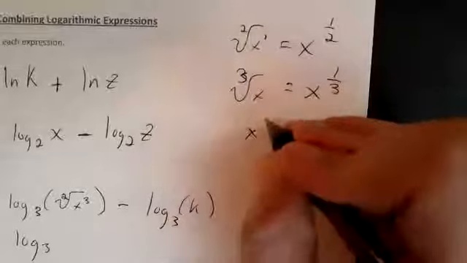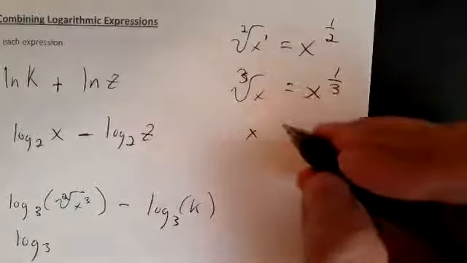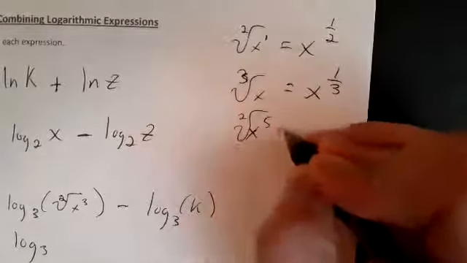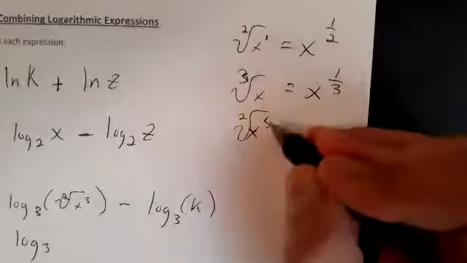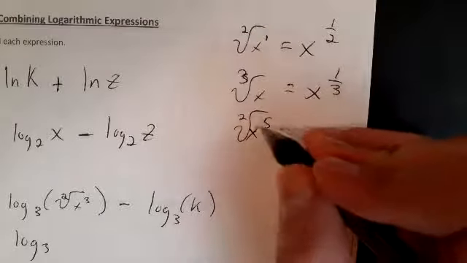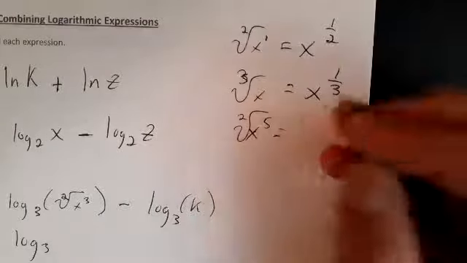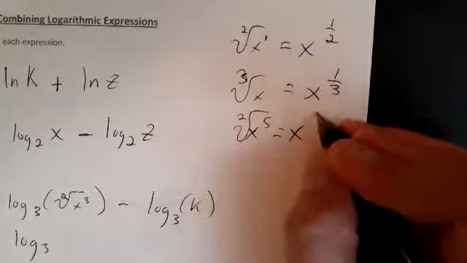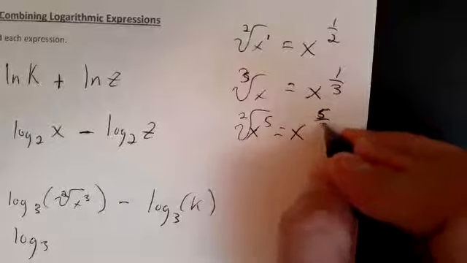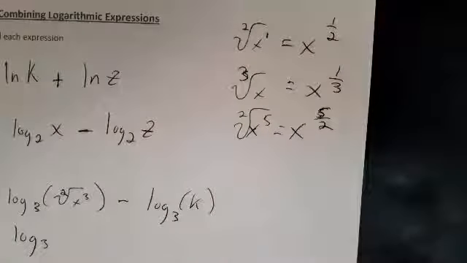And then to continue with this, let's do the 5th root of x squared. You can think of the 5 as 5/1, and this is like raising exponents, so you're multiplying those things. 5 over 1 times 1 over 2 gives you x to the 5/2.